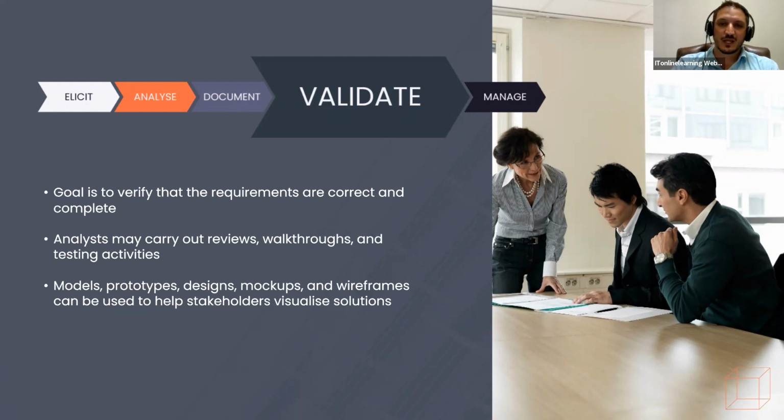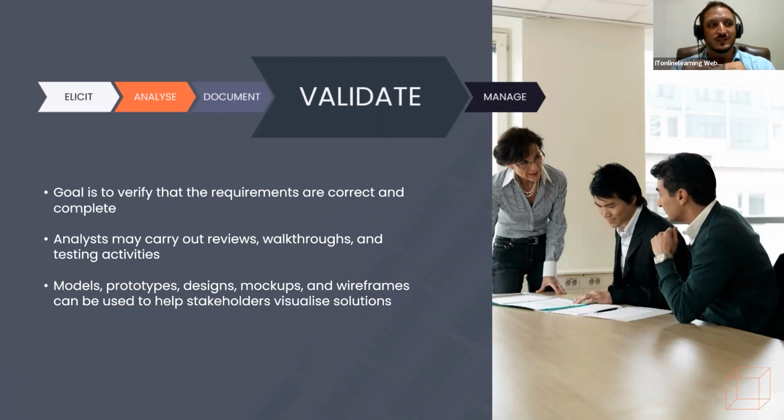So here we can imagine that we have a group of stakeholders that we've elicited the requirements from. We may have analyzed them, we've documented them, but now we need to go back to these individuals and groups and let them clarify that what we have stated for the new system to do is correct after analysis.